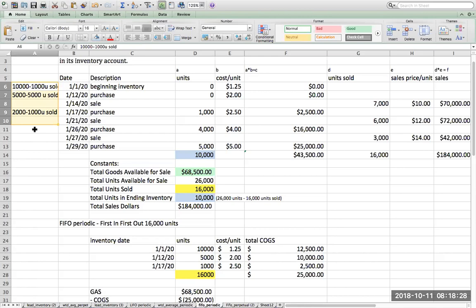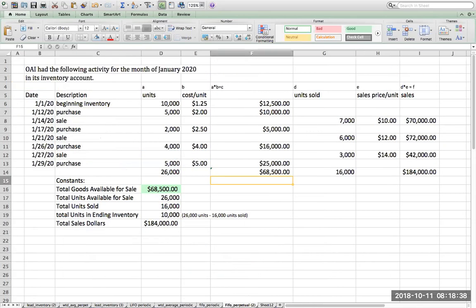What we need to do, though, is write it out. Repetition in accounting is absolutely critical. So before I make this into a 10-hour excursion, let's go on to the last method we're going to be looking at. This is going to be FIFO perpetual.